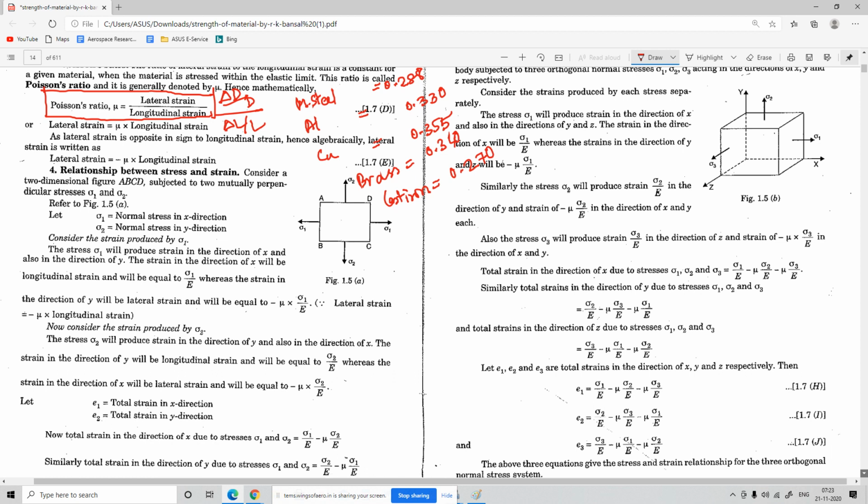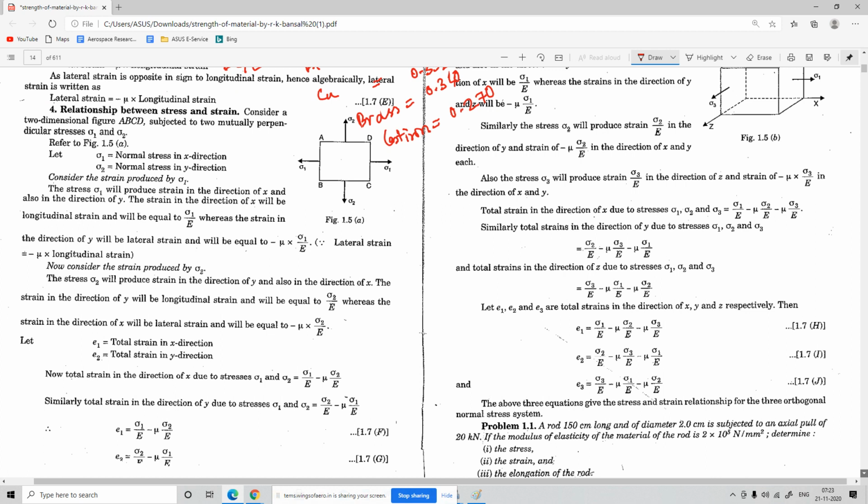Now next, very important. If you are getting any question where they are defining the relationship between stress and strain, they will tell you that there is an object, a bar. In the x direction, this is the x direction, this is the y direction, negative y, positive y.